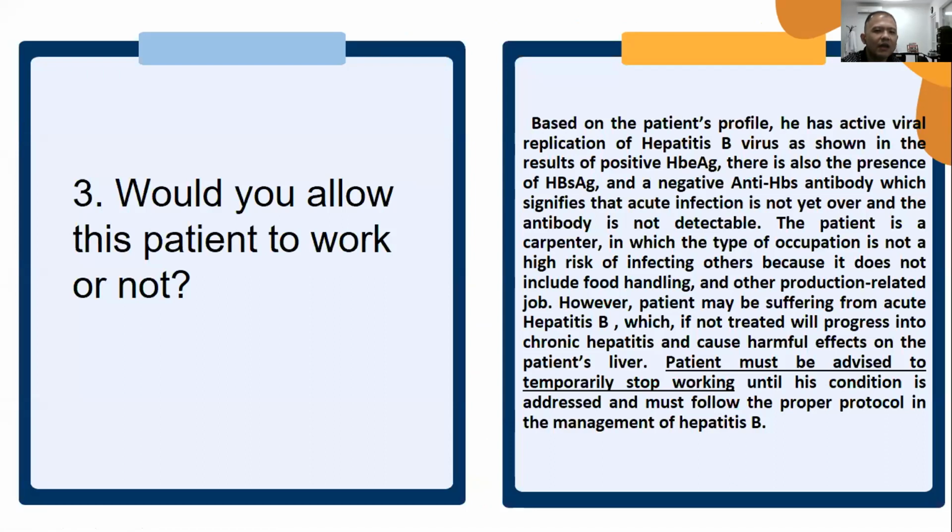As long as the patient is not symptomatic, you can allow the patient to work, because the job is low risk. Always constantly remind the patient that he is still infectious even though asymptomatic. But if the patient is symptomatic, then advise the patient to rest.